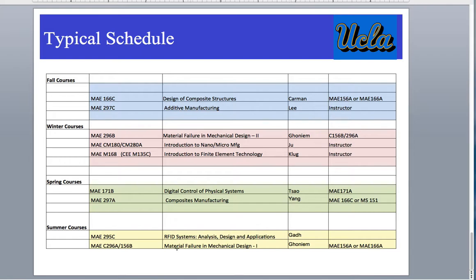In the summer, you have 296C, which is the RFID systems, and that's Professor God, and his research spans smart grid and smart networks, and also RFID, both in design and in manufacturing.